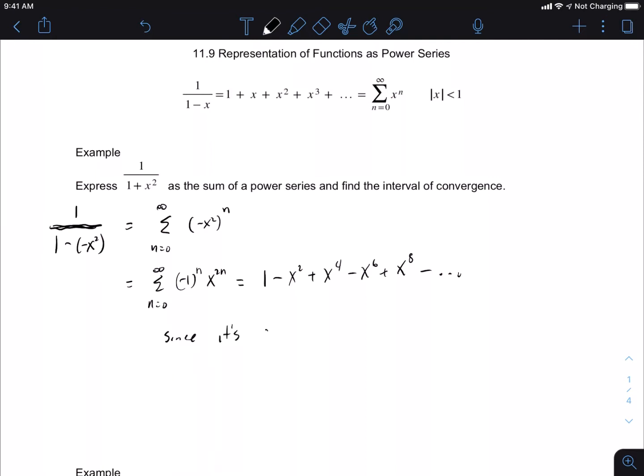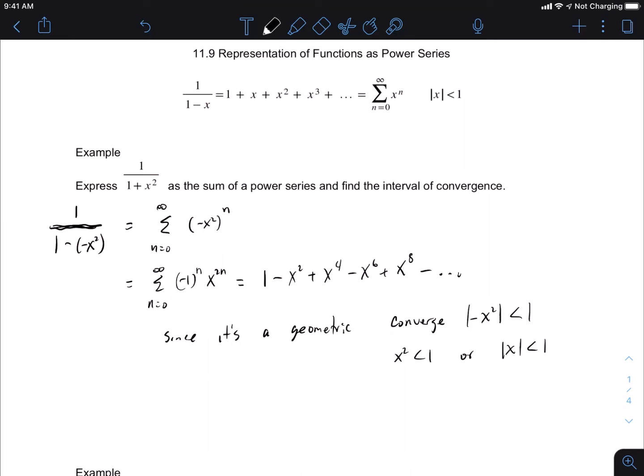So since it's a geometric series, what do we know? Don't we know that they converge when negative x squared is less than 1? So that is basically x squared is less than 1, or when the absolute value of x is less than 1.